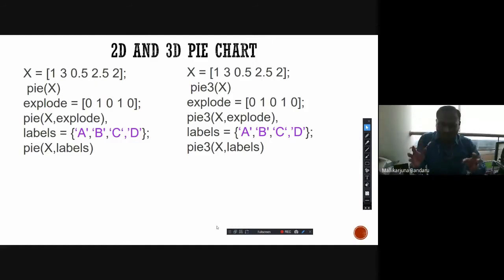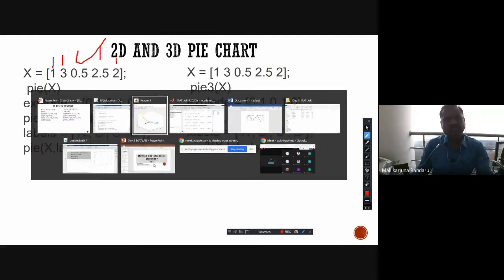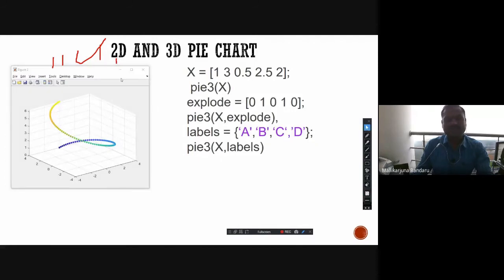So using the pie chart, how do you make it clear? Suppose x is equal to 1, 3, 0.2, 0.5, 2, the number of defective devices arising from the first mission, 3 devices, and 0.5, I mean on average 1/2, on average 2.5, and on average 2 defective items from certain missions. How do we analyze those and visualize them using the pie chart? For that, this is another one, the pie chart.